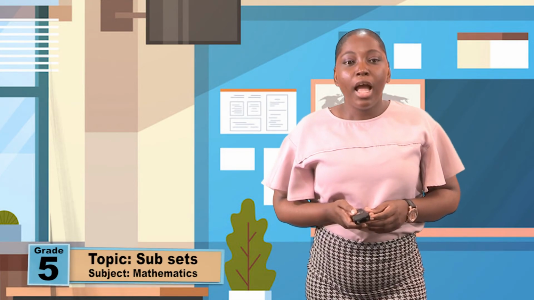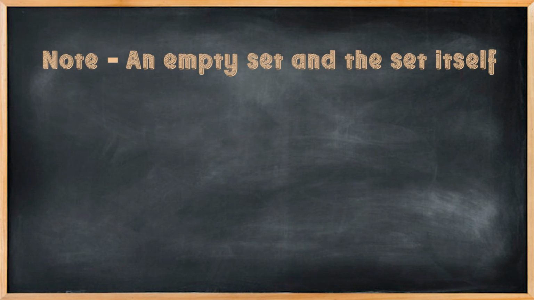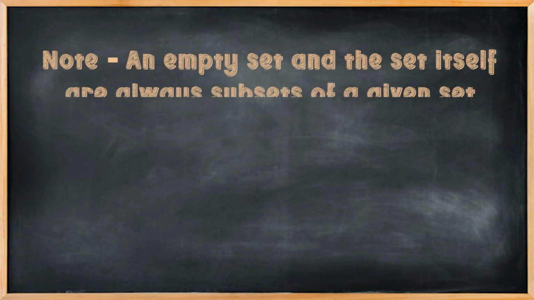Note, an empty set and the set itself are always subsets of a given set. That's important for us to remember. An empty set and the set itself are always subsets of a given set.